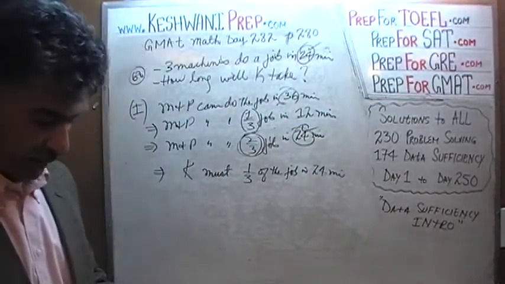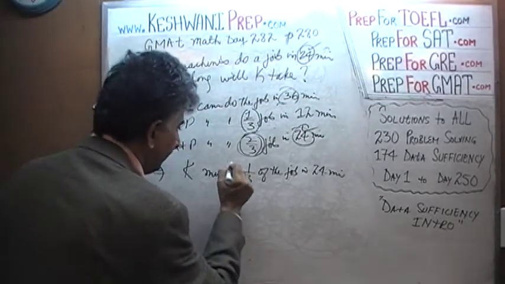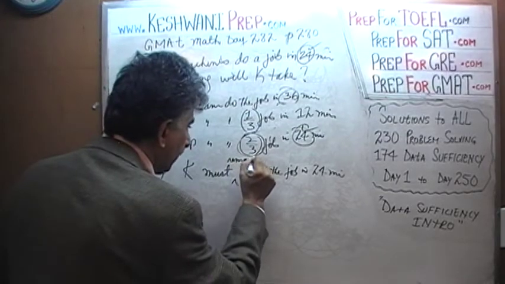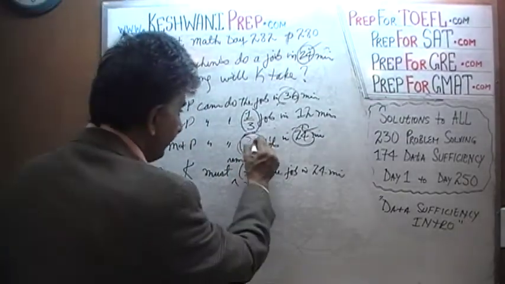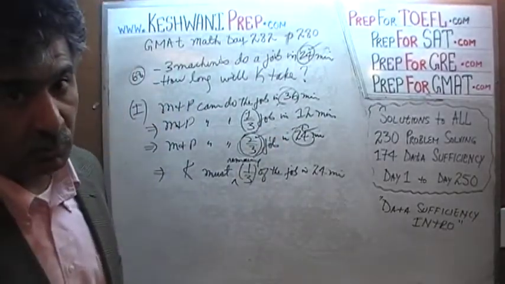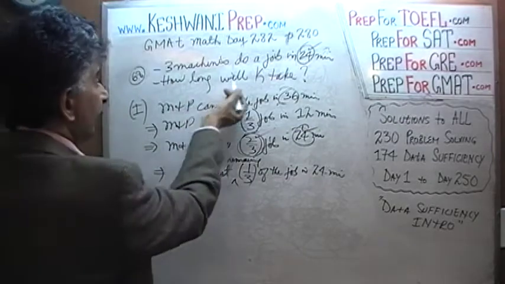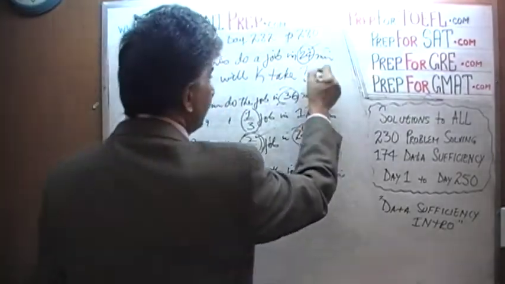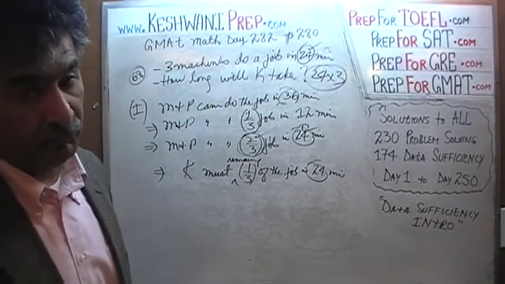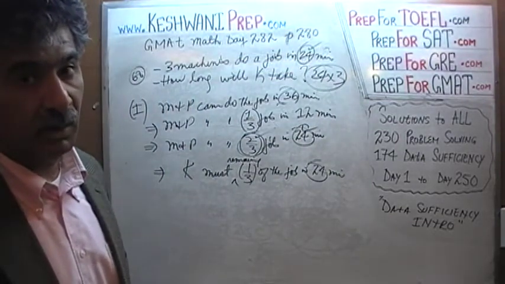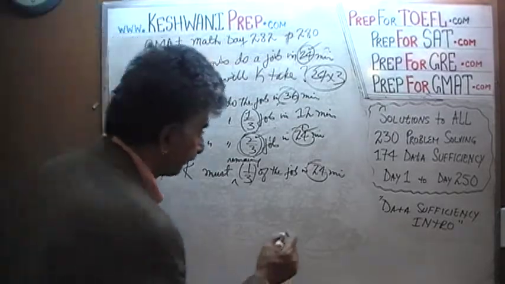K must do the remaining 1/3, because in 24 minutes the other two together can do 2/3 of the job. If K can do 1/3 of the job in 24 minutes, and the question was how long does K take, K must take 24 times 3, because it can do 1/3 of the job in 24 minutes, so it can do the whole job in 24 times 3. The first statement by itself does the job quite nicely.